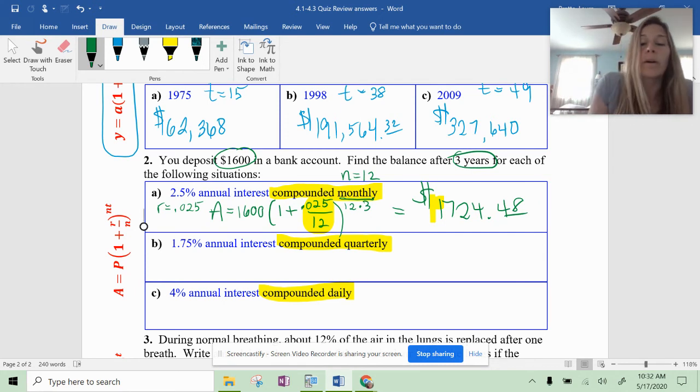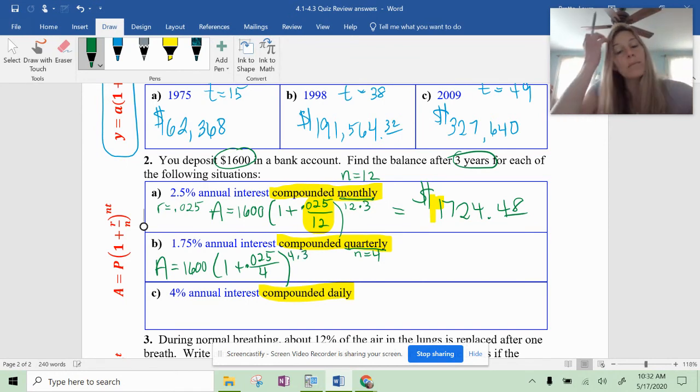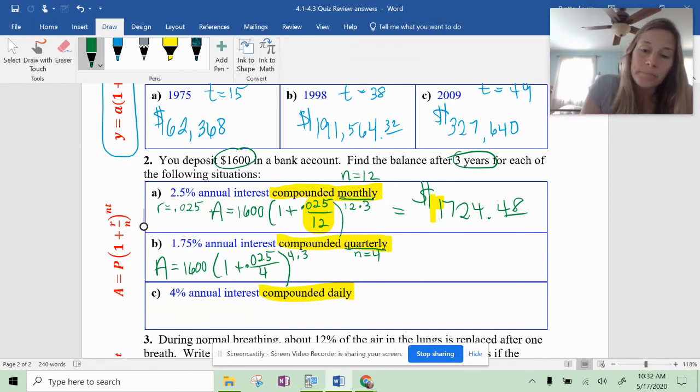All right, next one, we're talking about compounded quarterly. So that is an n value of 4. That means 4 times a year. So you're still doing the exact same thing, 1,600 times 1 plus 0.025 over, but it's over 4 this time, and then my exponent is 4 times 3 instead of 12 times 3.